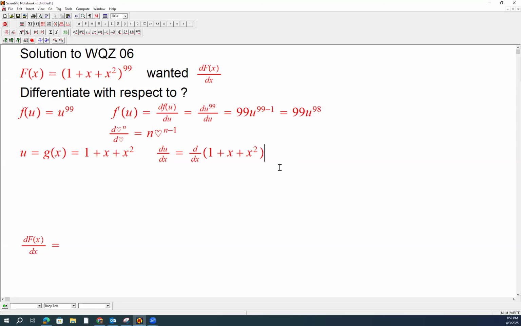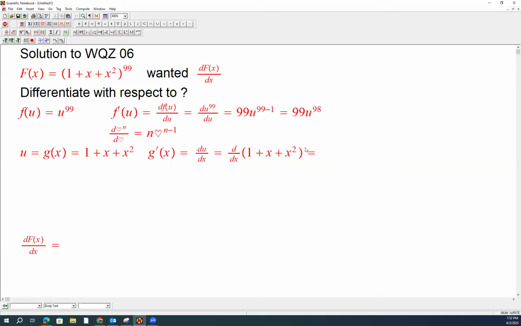Please write down all these notations because they may be new to you. You need to practice. This means that we're taking the derivative of g with respect to x. This is also called g prime of x, but we use a different notation, du dx. Because u is g, these two are the same thing.